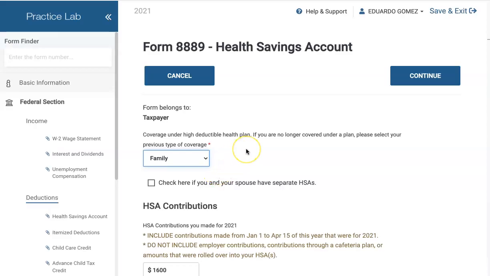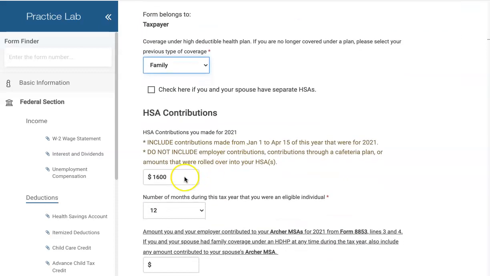For the health savings account, the only change was that $1,600 was entered as an HSA contribution because that was both from the taxpayer and an aunt who contributed, and contributions made outside of the individual taxpayers are deemed to have been made by the taxpayer.